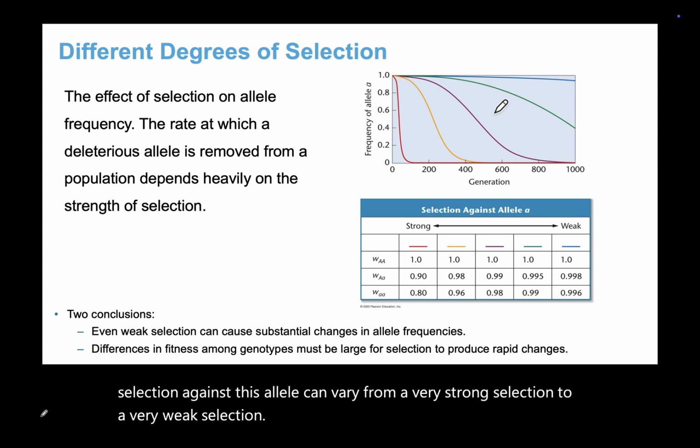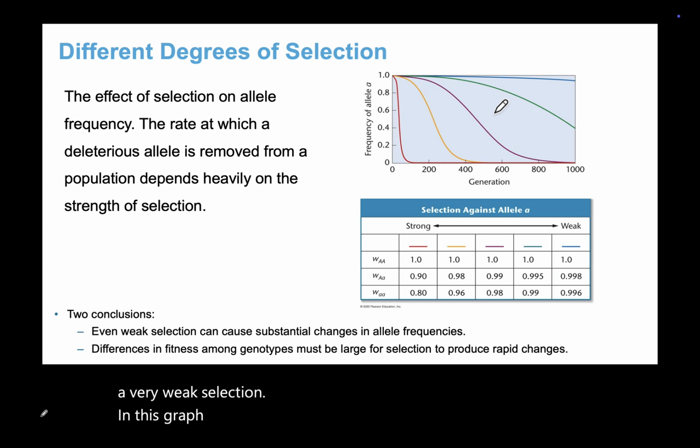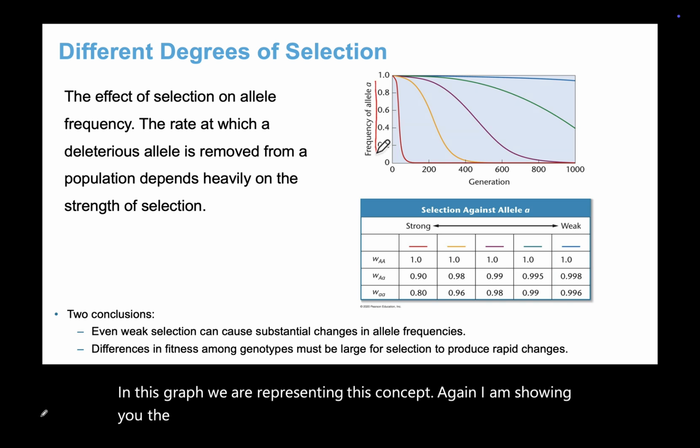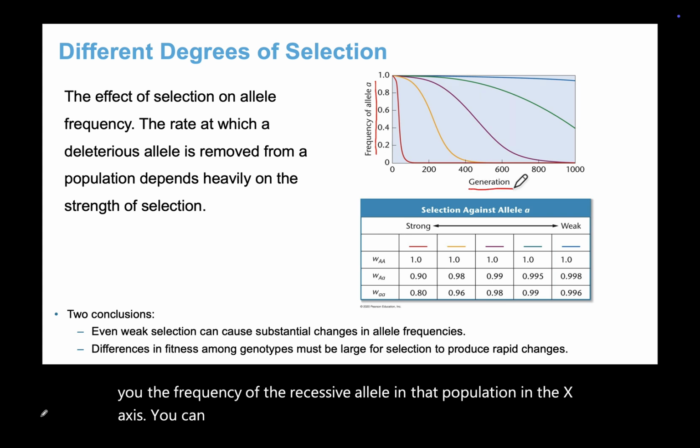In this graph, we are representing this concept. Again, I am showing you the frequency of the recessive allele in that population. In the x-axis, you can see the number of generations over time.